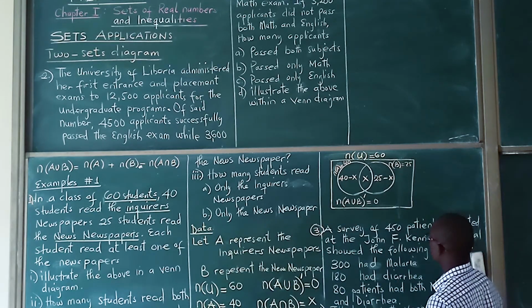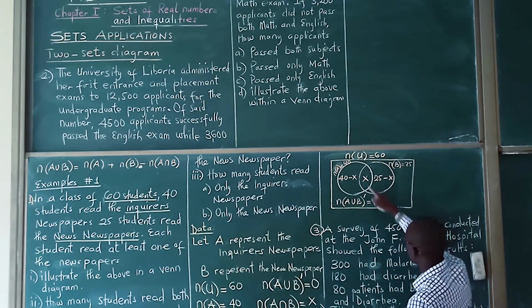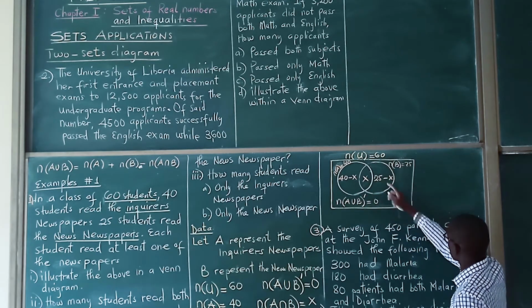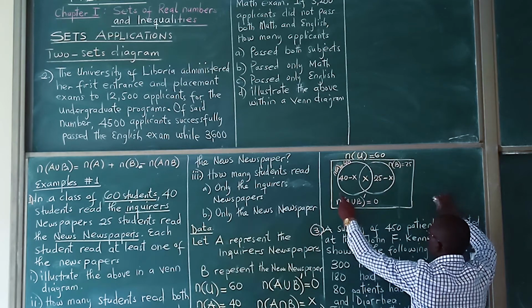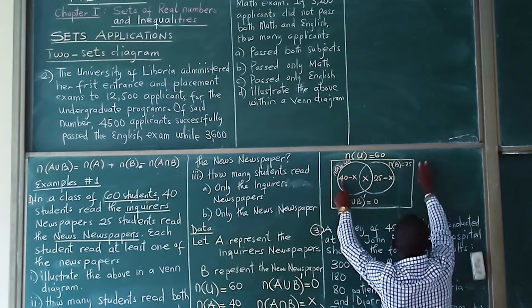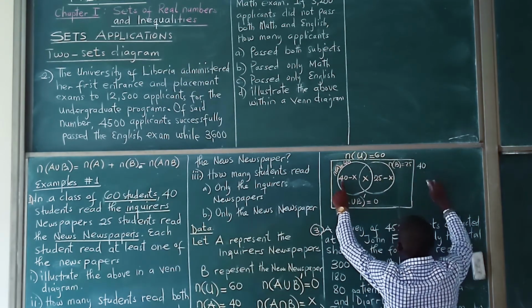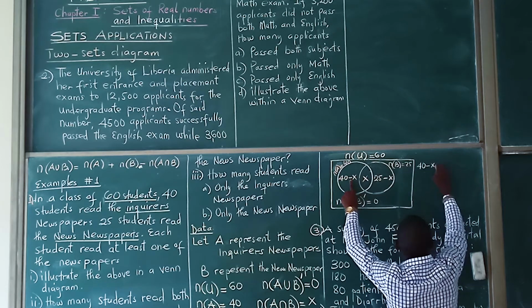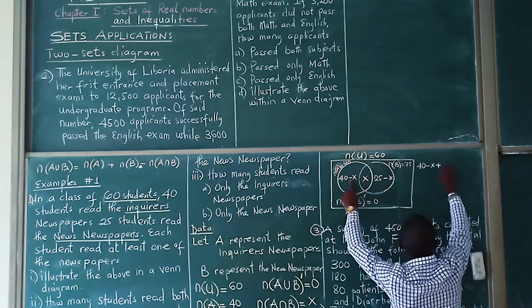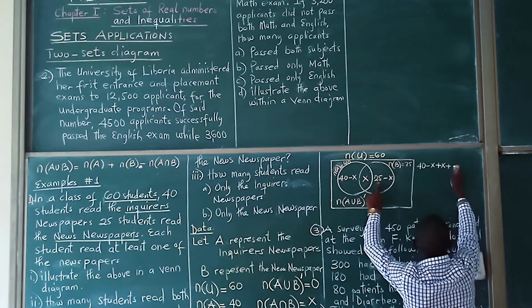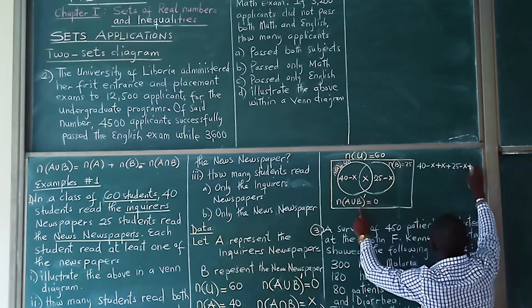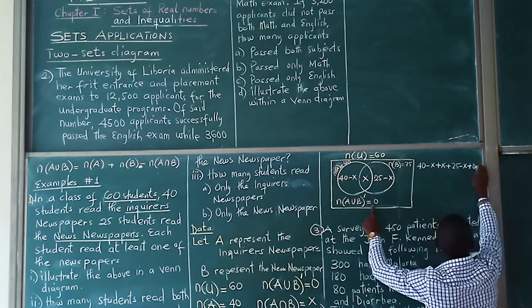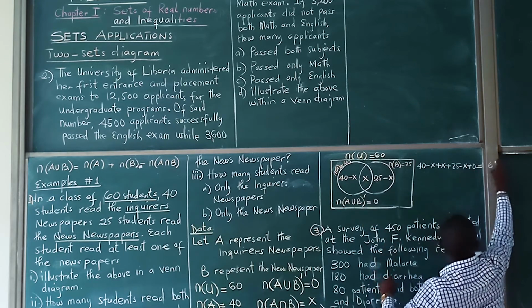So now let's find the number of students who are reading both Inquirer and that of the newspapers. Now, this is 40 minus X plus X plus 25 minus X plus 0, all equals 60.